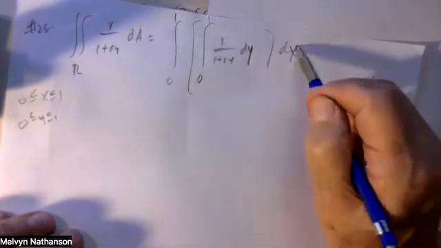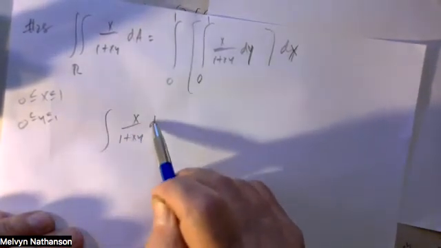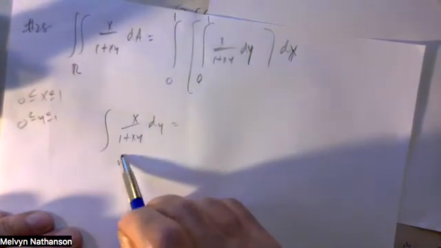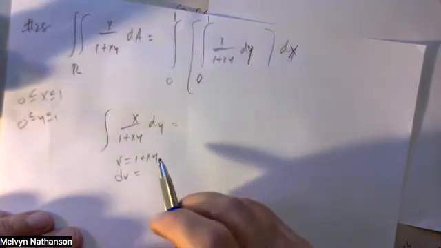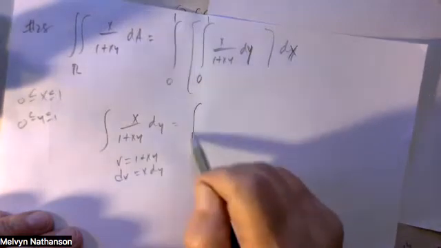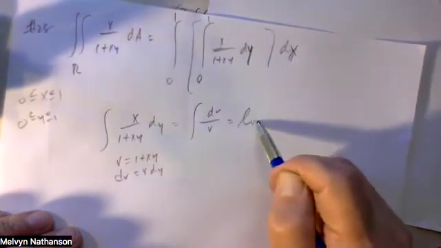Sorry, I want to integrate with respect to y and then with respect to x. The integral of x over 1 plus xy dy, if I make a change of variables that says v equals 1 plus xy, so dv is x dy, this becomes the integral of dv over v, which is log of v.